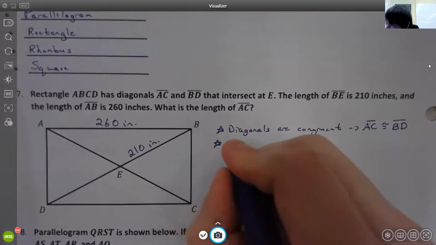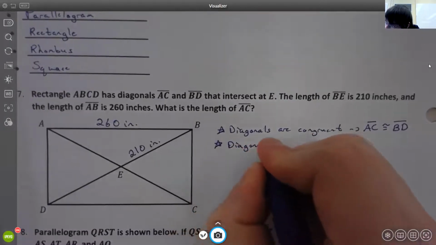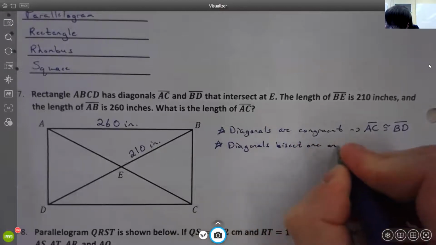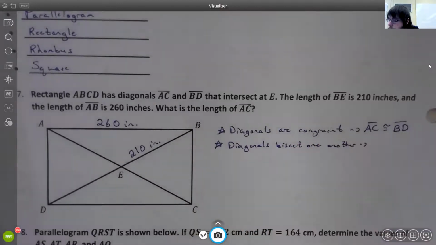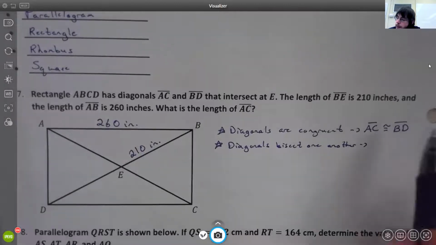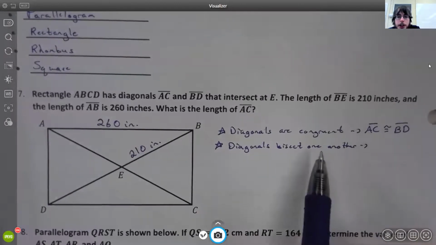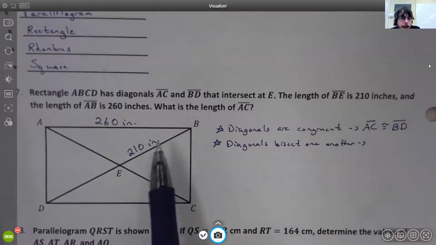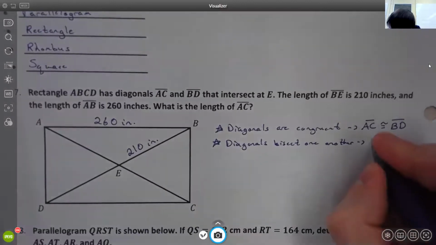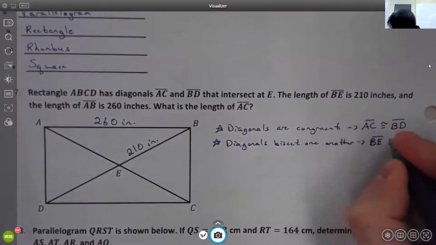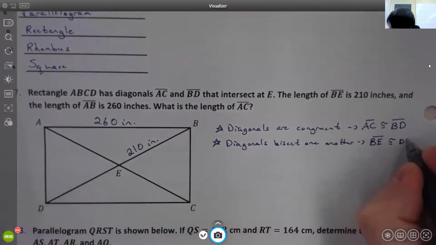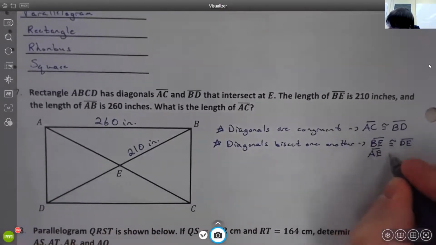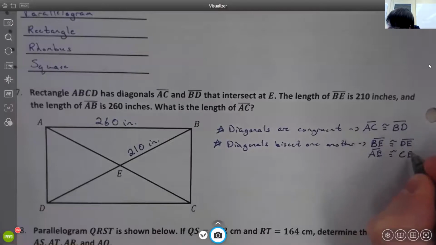We also know that the diagonals bisect one another. And when they bisect one another, that means they split each other into equal parts. Okay, so that means that BE is congruent to DE, and AE is congruent to CE.